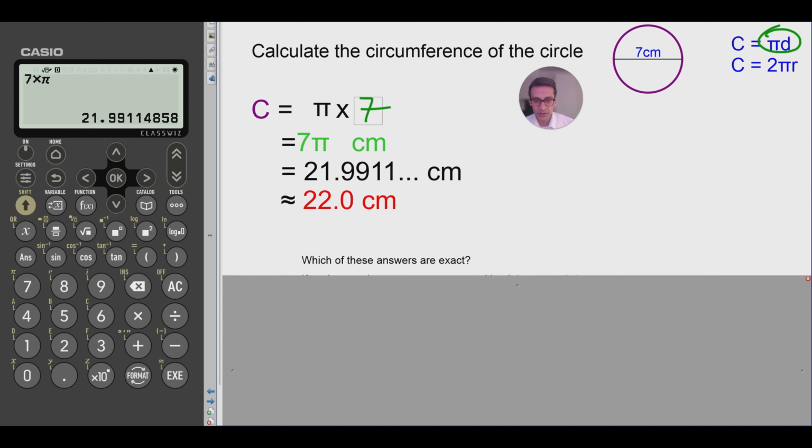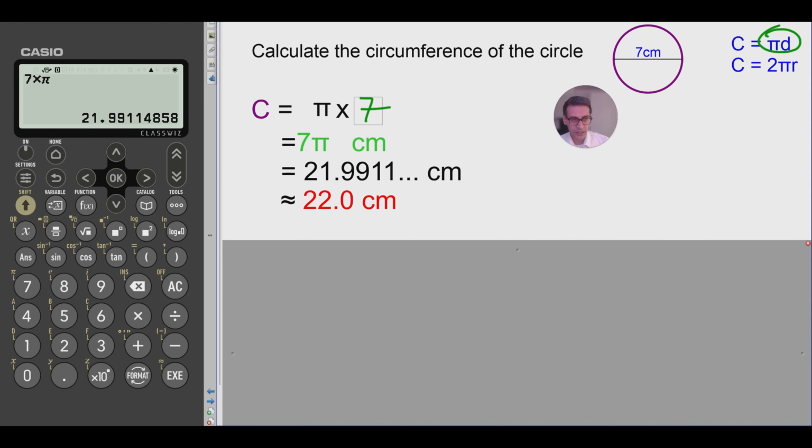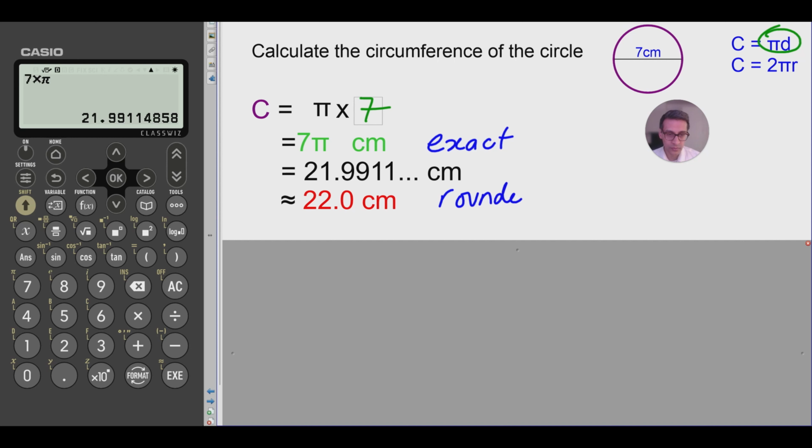So these three answers have very specific names, or ways of being asked to represent them this way. 7 pi is called an exact answer because it hasn't been rounded. 22.0 is the rounded answer because actually the decimals do go on beyond the 0.0. We've rounded this.